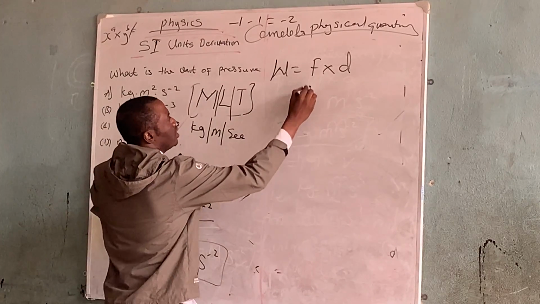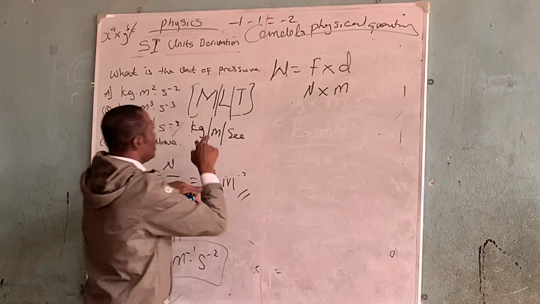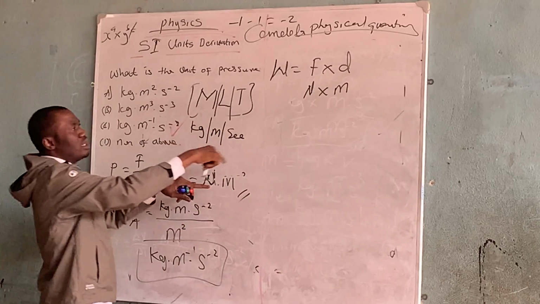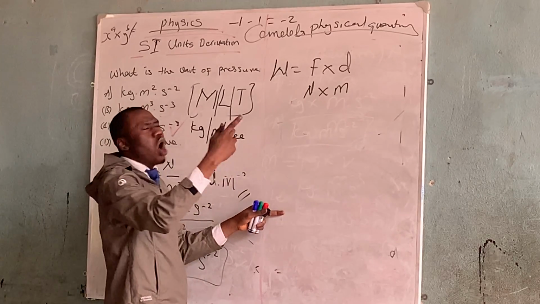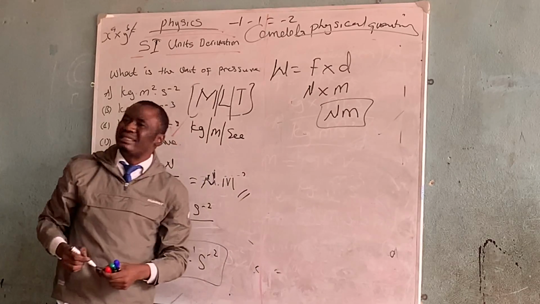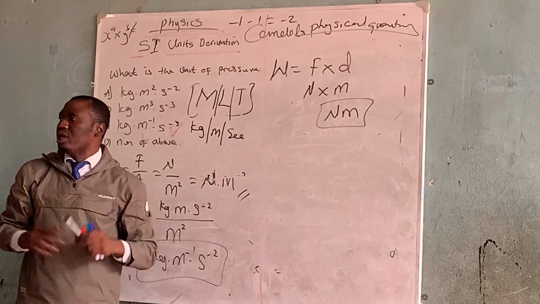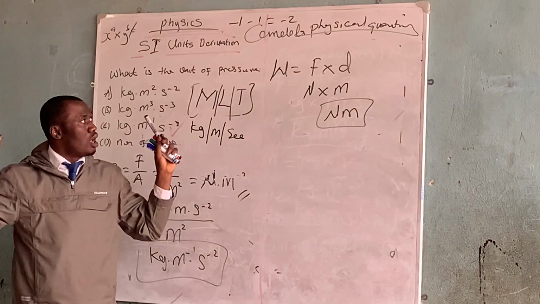So Newton times distance. Distance is measured in what? Meter. So the unit for work done is Newton meter. This one is jam setting. That's the unit for work done.